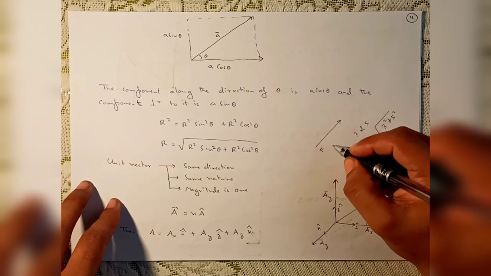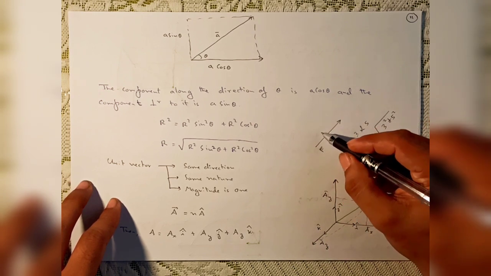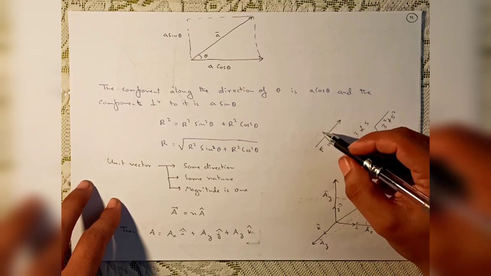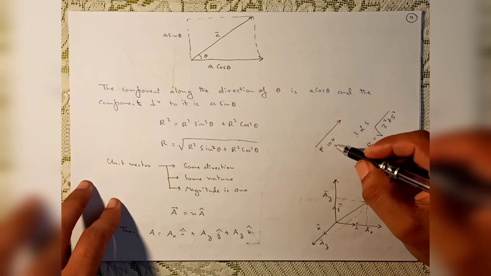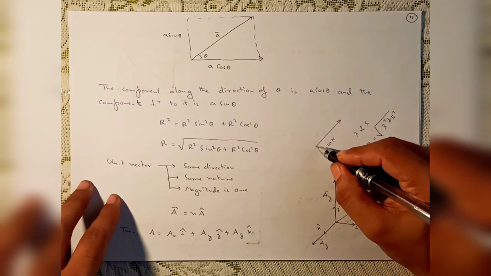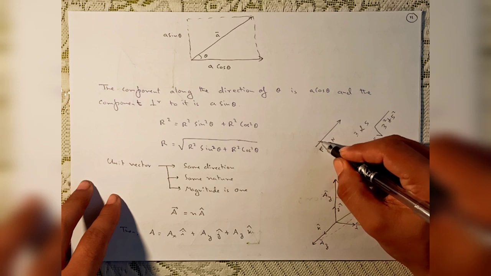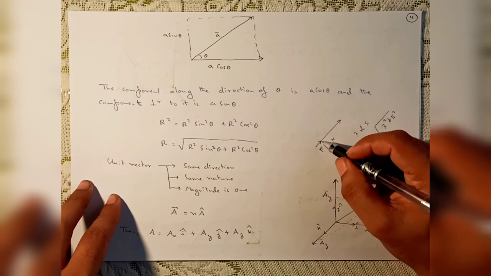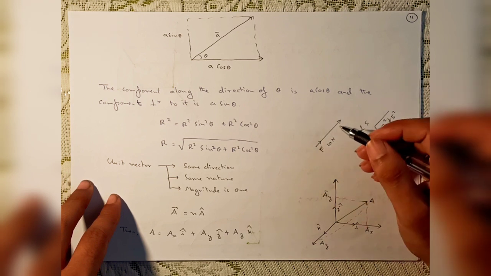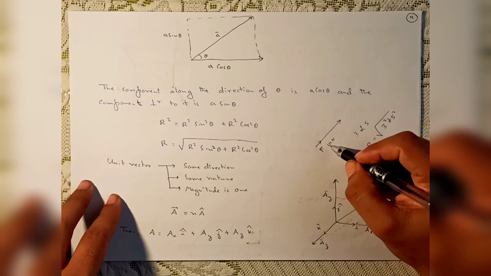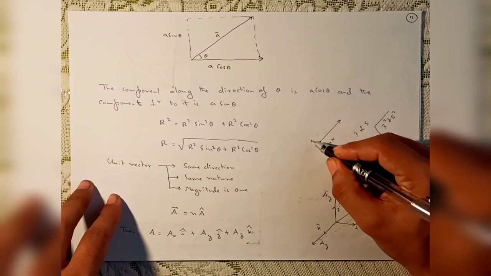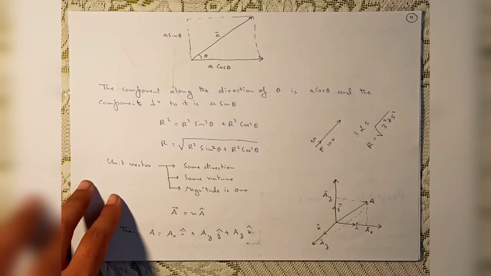If this is the force vector, having a magnitude of 10 Newton, then the unit vector of this force is also going to have the same direction, this way. The nature is also the same. The only thing is that if this is 10 Newton, since the magnitude is only 1, therefore it is going to be 1 Newton.